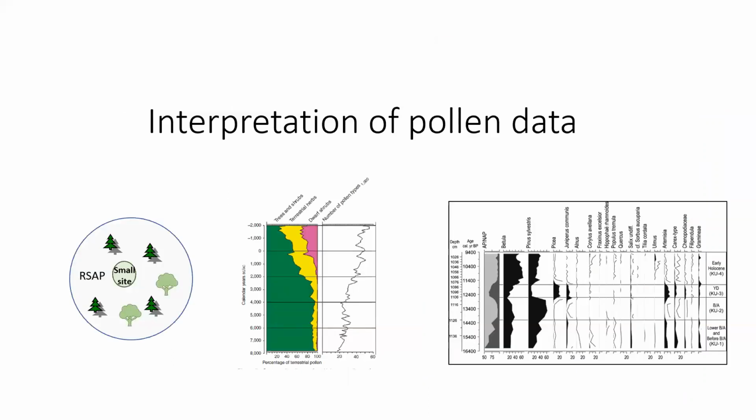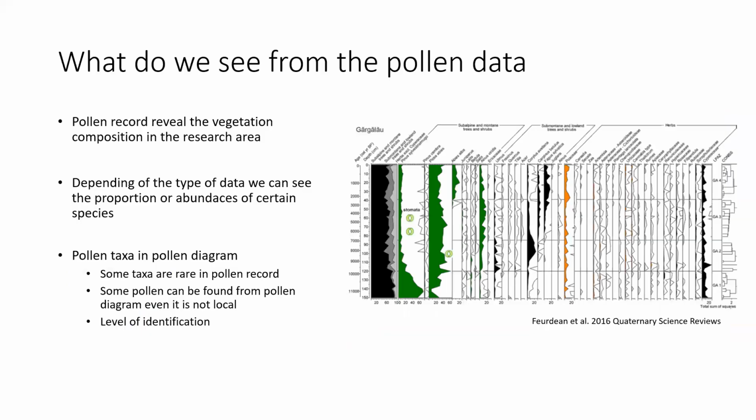Then at the end, a few words about the interpretation of pollen data. What do we actually see from pollen data? We basically see the vegetation composition in the research area, or the proportion of abundances of certain species.